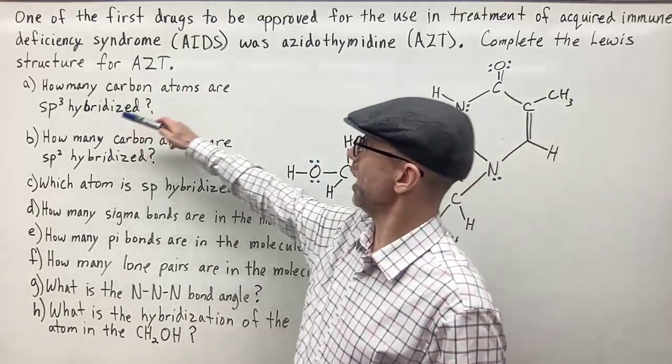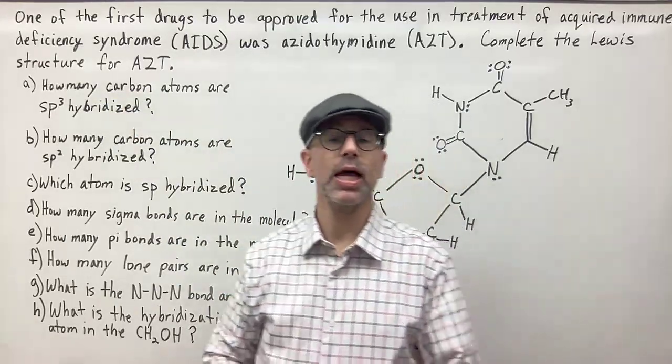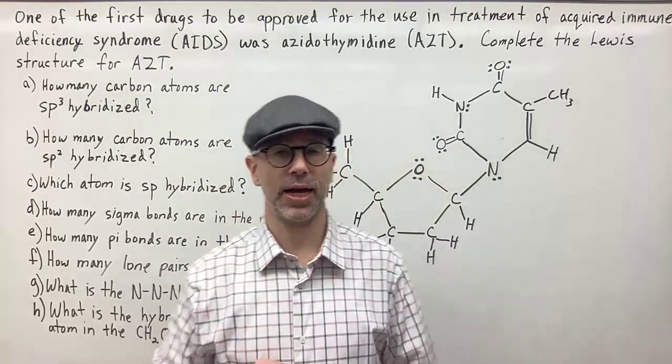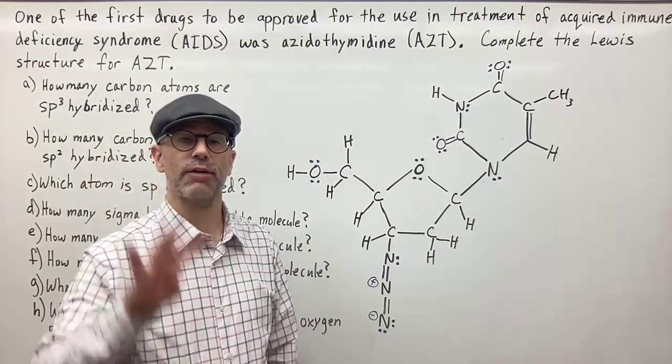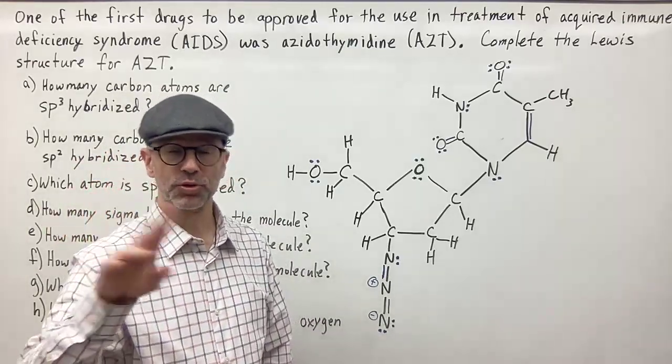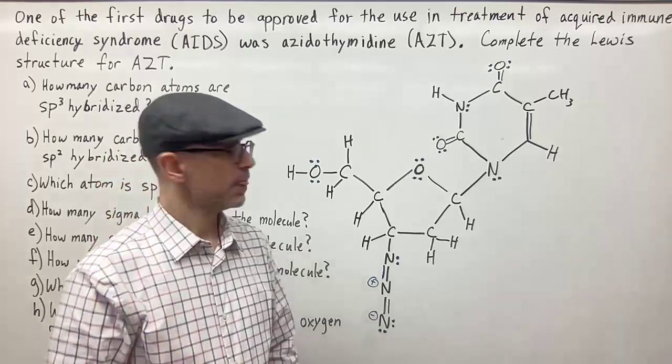So here we have the first question. How many carbon atoms are sp3 hybridized? sp3 hybridized means that that carbon is going to have 4 electron groups around it, right?